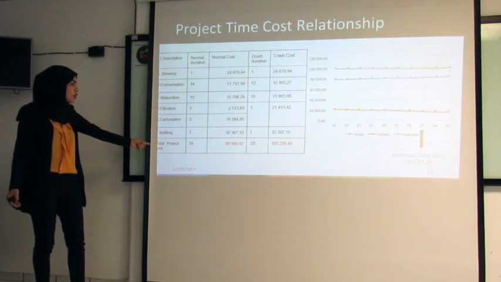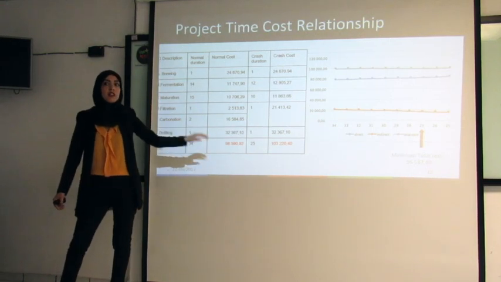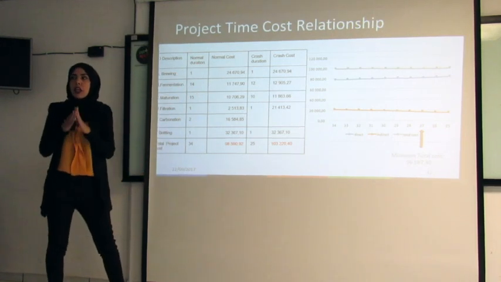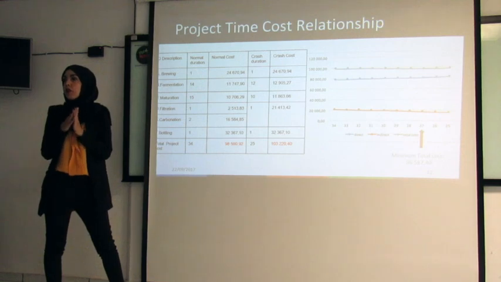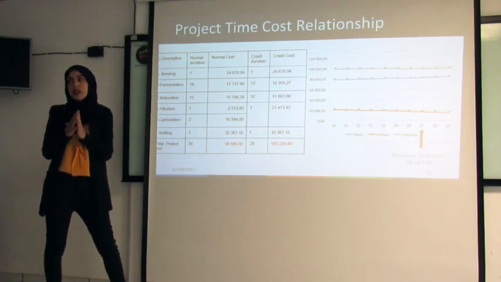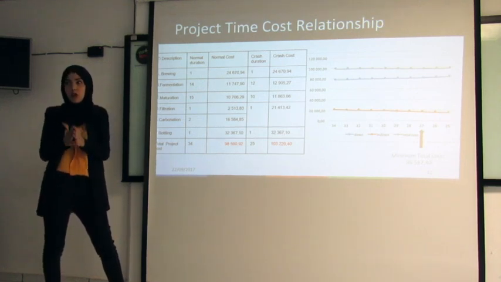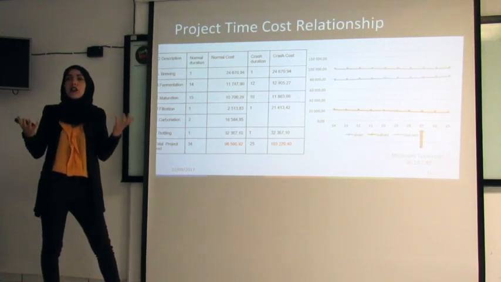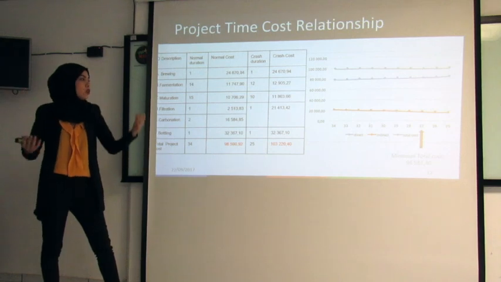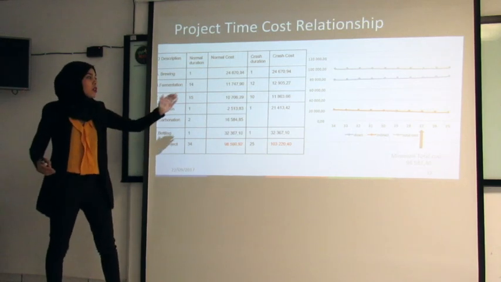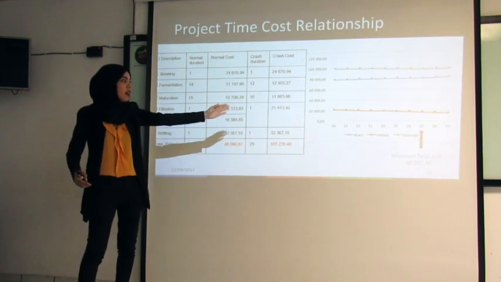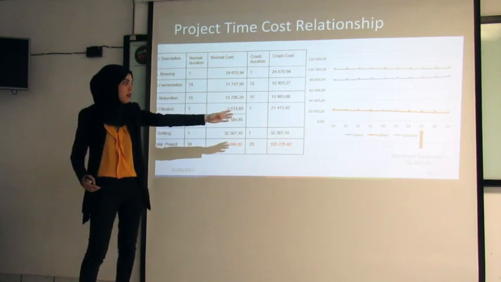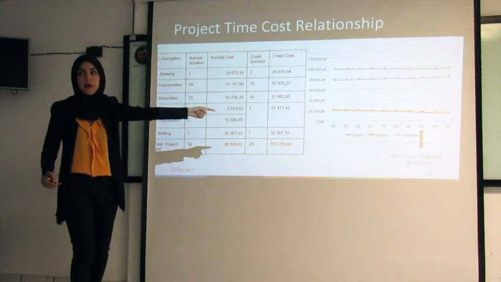And as a total project cost, we remark that it is increased. But we want to crash our project, and the goal is to minimize total project cost. I mean, to have the optimal solution, the optimal combination between time and cost. So we studied different project durations, and here we have the graph.